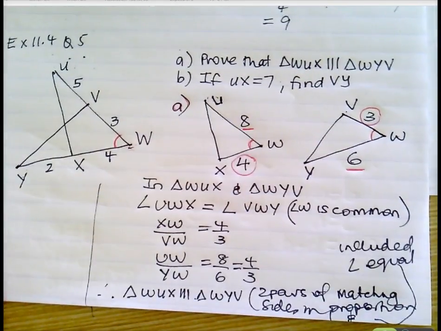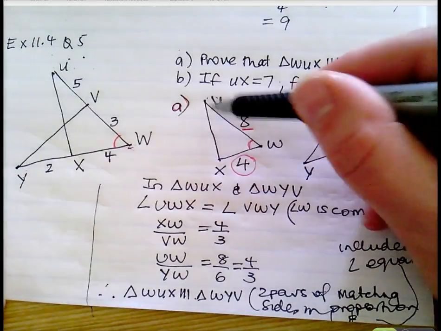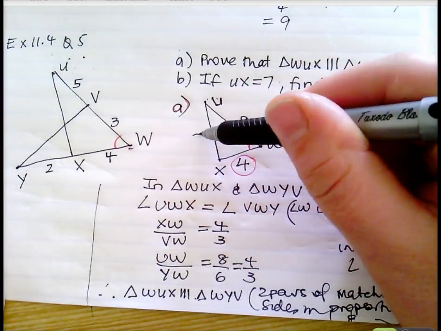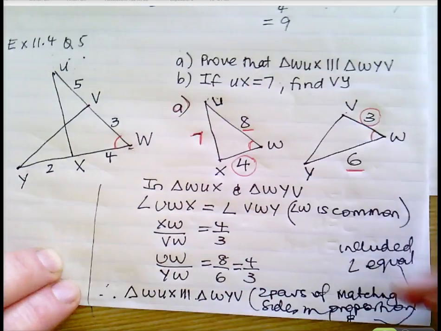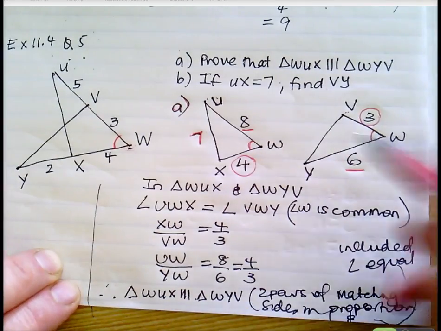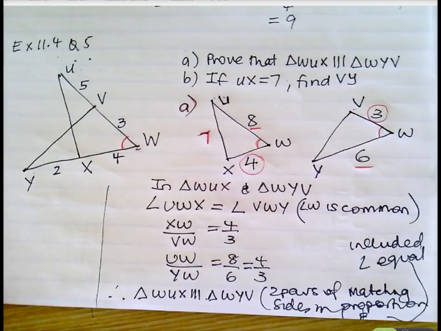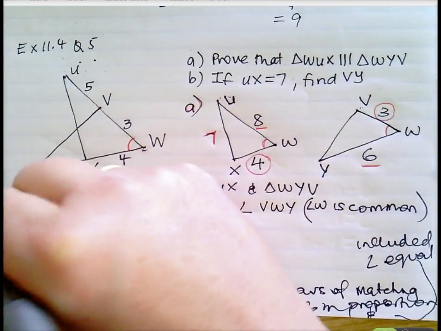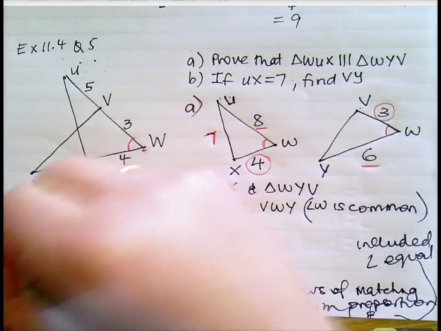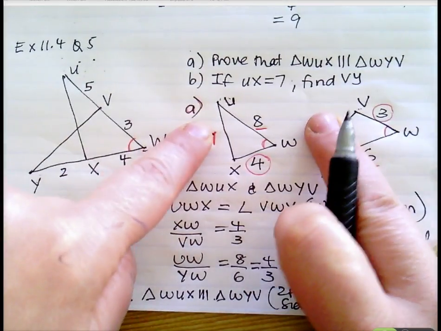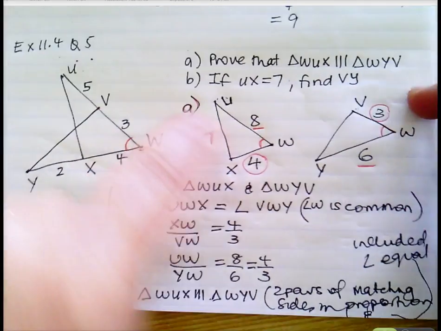Now for the last bit, it says if UX, this one, is 7. So girls, they're saying if this equals 7, find VY. Are they the matching sides, by the way? Yeah. Okay. So if you want to find VY, you go VY over 7 or UX. So I'm going from there to there. Just choose another 2. Equals 3 over 4. So that one to that one equals 3 over 4.